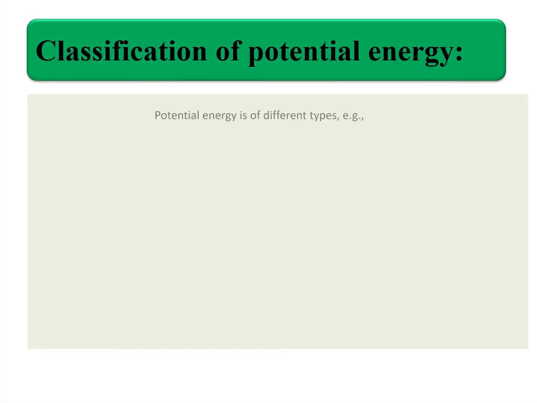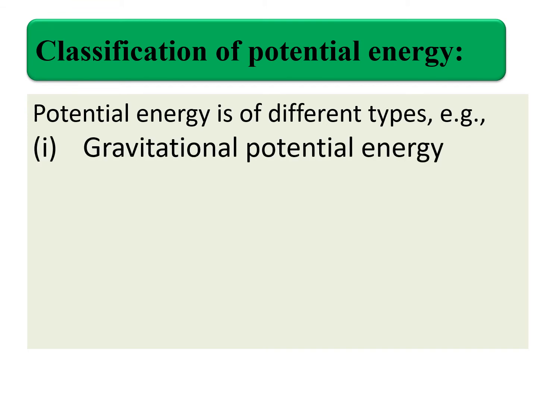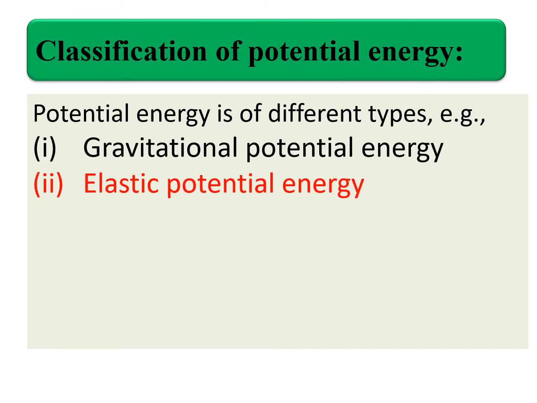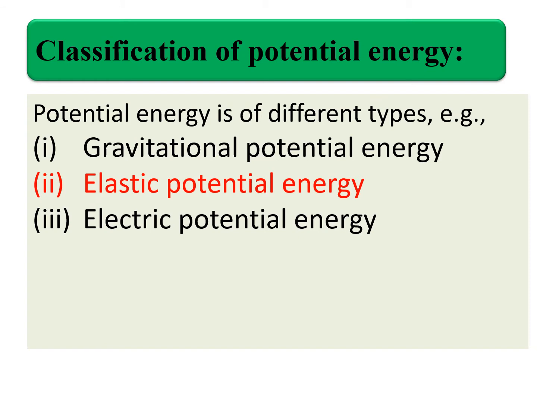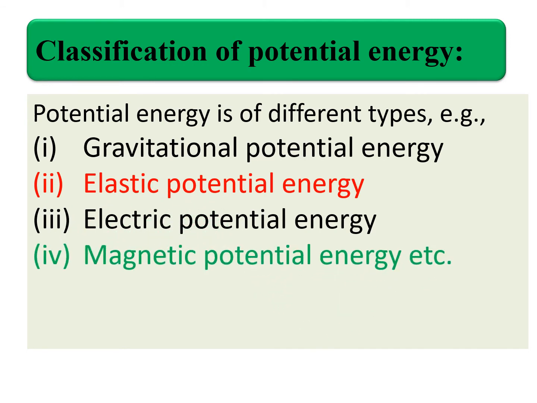Now, my dear students, what is the classification of potential energy? There are 4 types of potential energy. One is gravitational potential energy. Second is elastic potential energy, then electric potential energy, finally magnetic potential energy. But we will discuss here only gravitational potential energy and elastic potential energy.